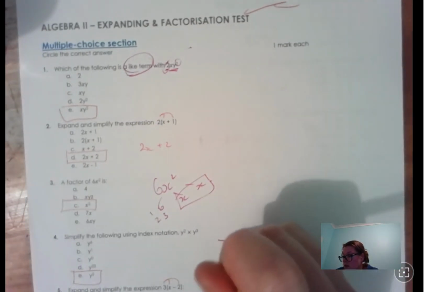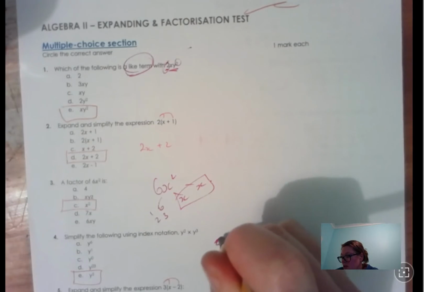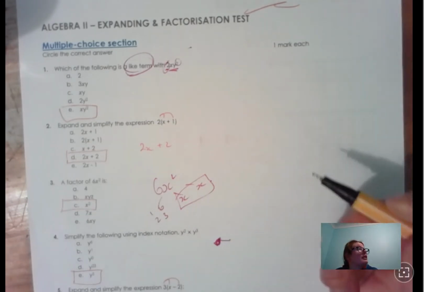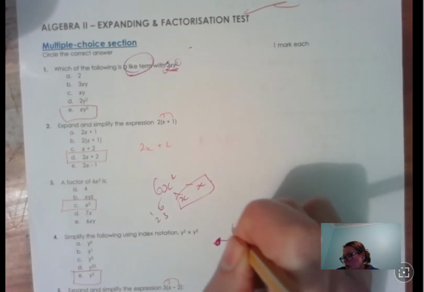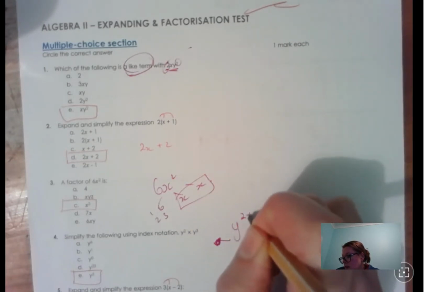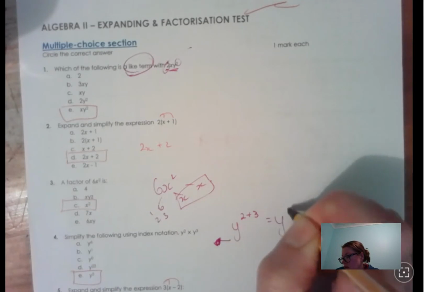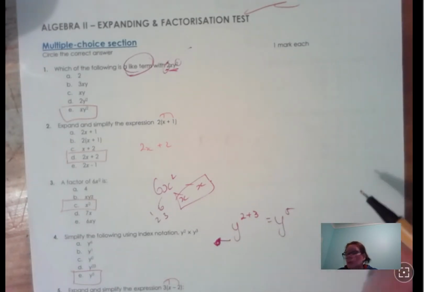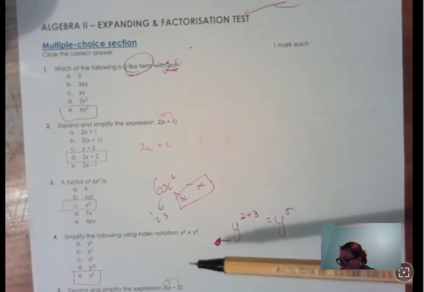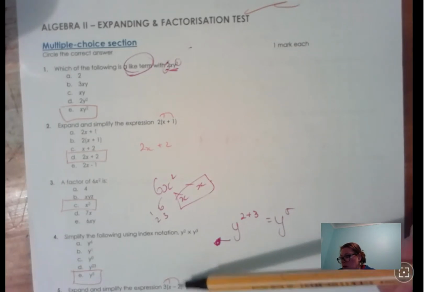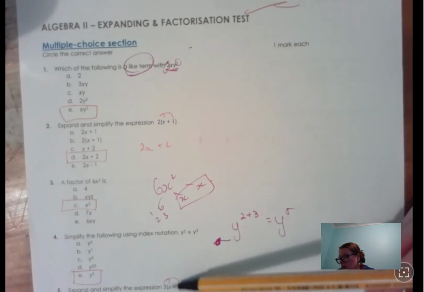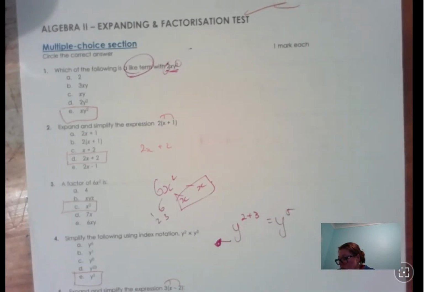This was flashing back hopefully to beginning of the year when we did index laws. When you multiply, you add the indices, which means you end up with 3 plus 2 gives us 5. Again, most people were okay with this, remembering that you had to do both terms and the negative in the middle.